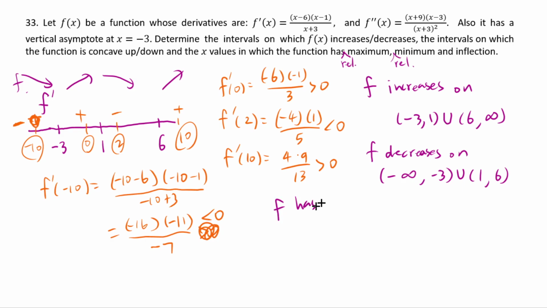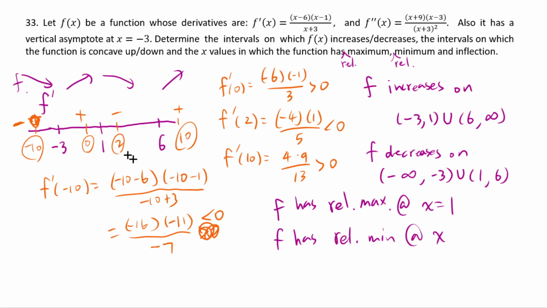F has relative maximum at, well, what's maximum? When it goes up and then down, right? So that's x equals 1. And f has relative minimum at x equals, for a relative minimum it has to go down and then up, down and then up.